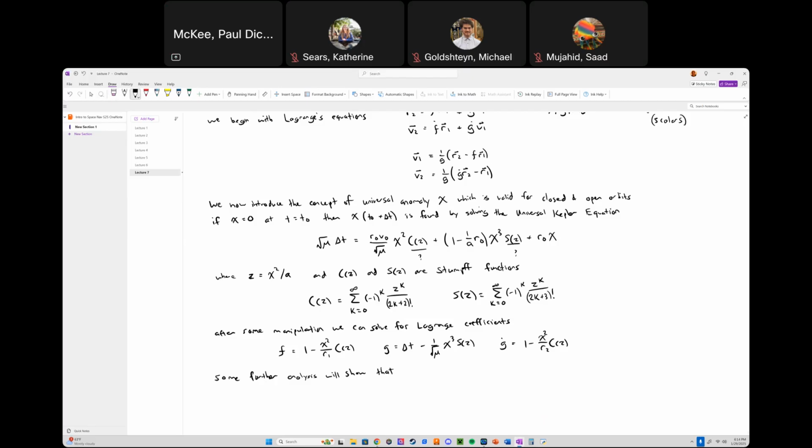that chi is equal to the square root of y of z over C of z. So C of z is this Stumpff function. Y of z is some other function, and it is R1 plus R2 plus A z S of z minus 1 over square root C of z, where A is sine of delta theta times the square root of R1 R2 over 1 minus cosine delta theta.